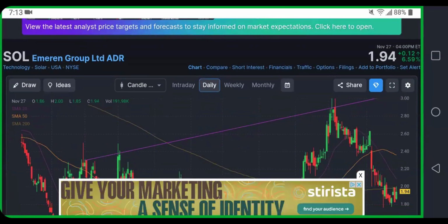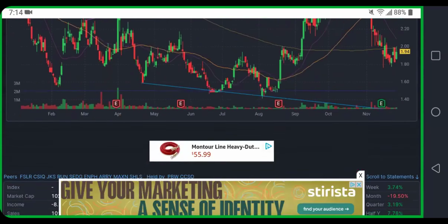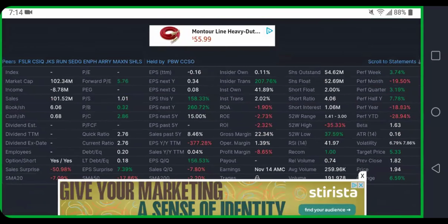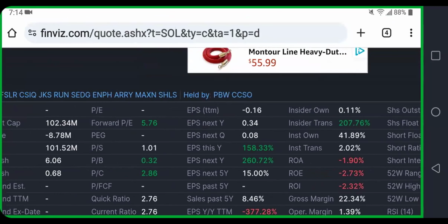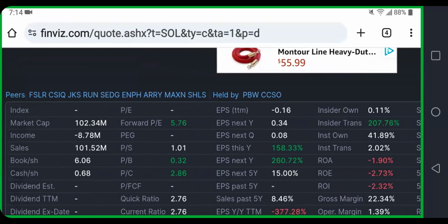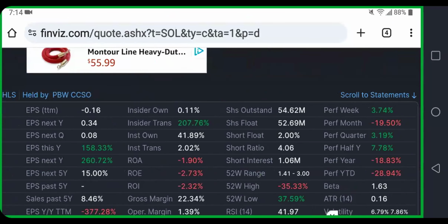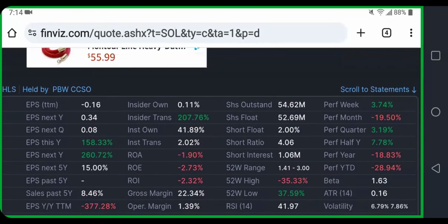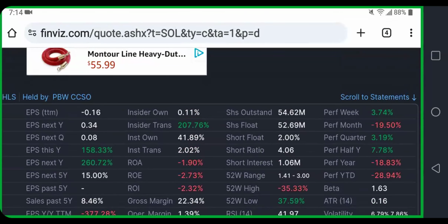All right, so this is technology under solar. This one too doesn't have a P/E, but they give a forward P/E. Forward P/E is the future earnings that they are expecting. So forward P/E is 5.76. The meaning of that is the current price divided by the earnings.